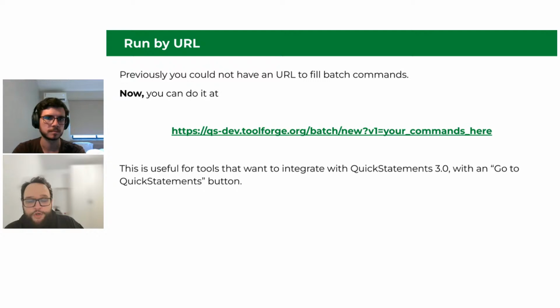That's very useful for tools that use QuickStatements to add information, edit information, create links from tools on Wiki, for example, Wikibooks, and other tools that link to QuickStatements. OpenRefine, Zotero, and other tools that create QuickStatements commands can use that as a button to import the commands through the URL and create the batch there.